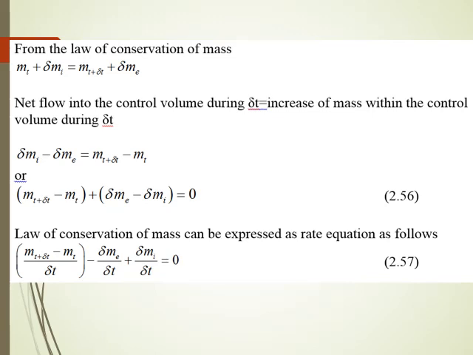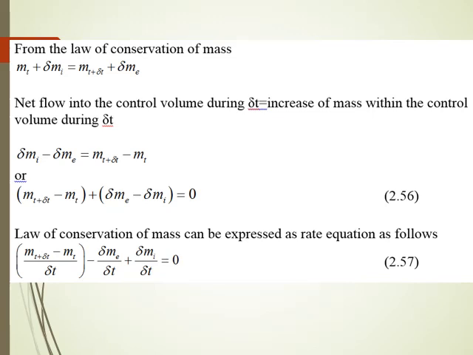So this can also be written as: net flow into the control volume during the time delta t is equal to the increase of mass within the control volume during delta t. Basically, the net flow into the control volume during this time interval is the mass that has entered minus the mass that has left.